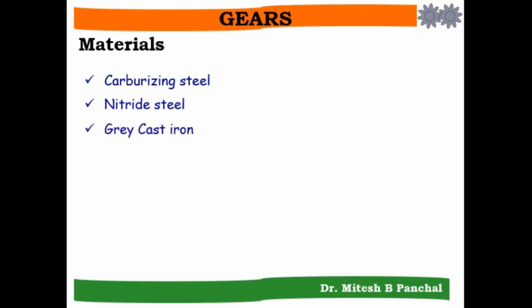These three materials are mainly used for heavy power transmission capacity, and they provide higher surface strength, because in the design of a gear, importance is given to the surface strength of the gear tooth. So these three materials are typically used for higher power transmission capabilities, and they provide higher surface strength.